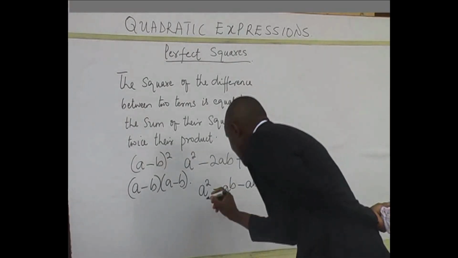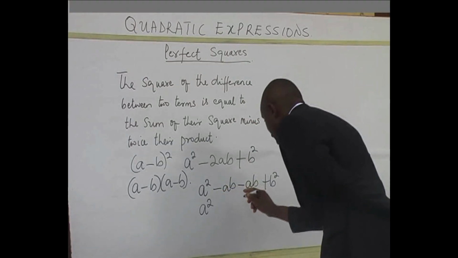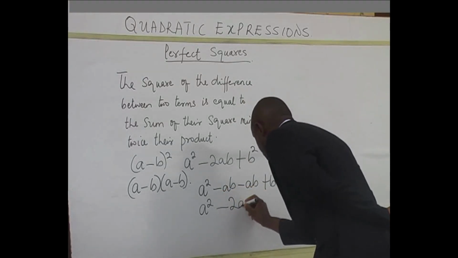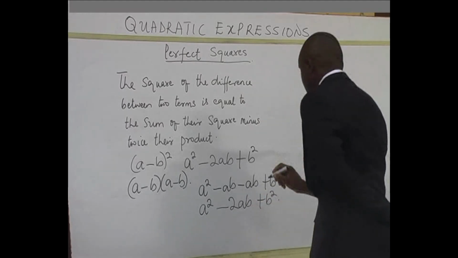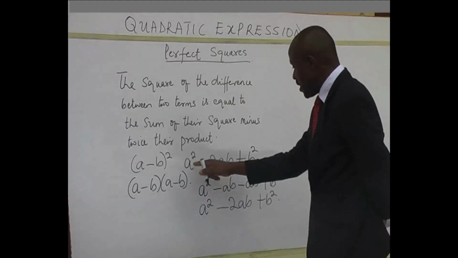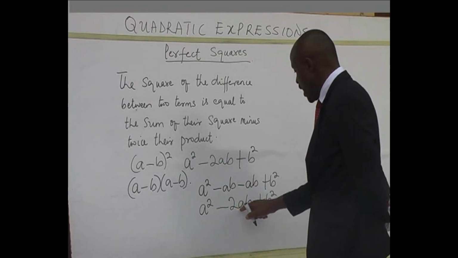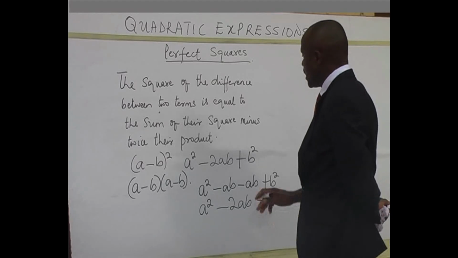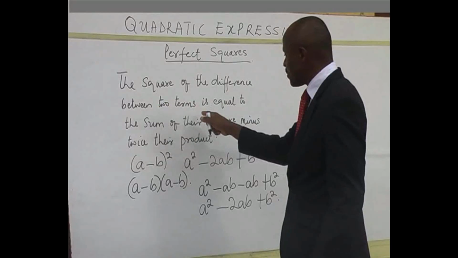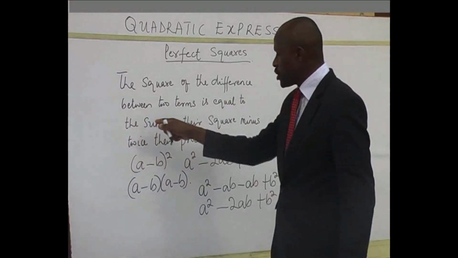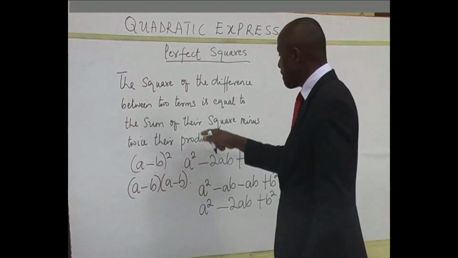If you collect like terms, you're going to have a squared, minus ab minus ab will give you minus 2ab. Then bring down b squared. You can see that we have the same thing we had initially: a squared minus 2ab plus b squared. That shows that our concept that the square of the difference between two terms is equal to the sum of their squares minus twice their product.